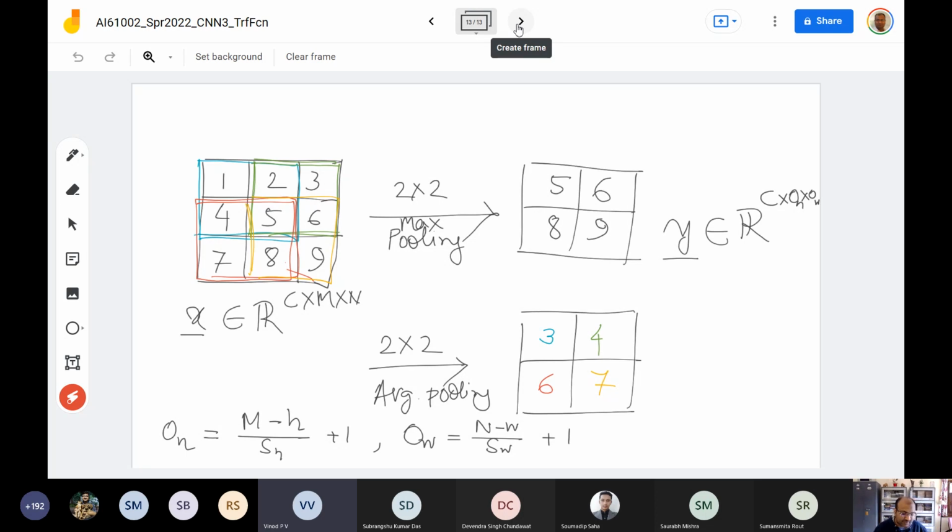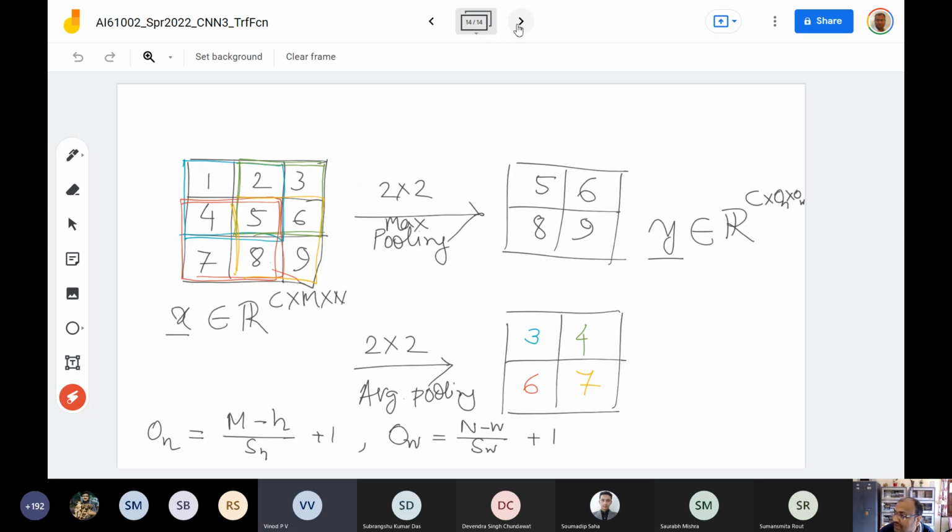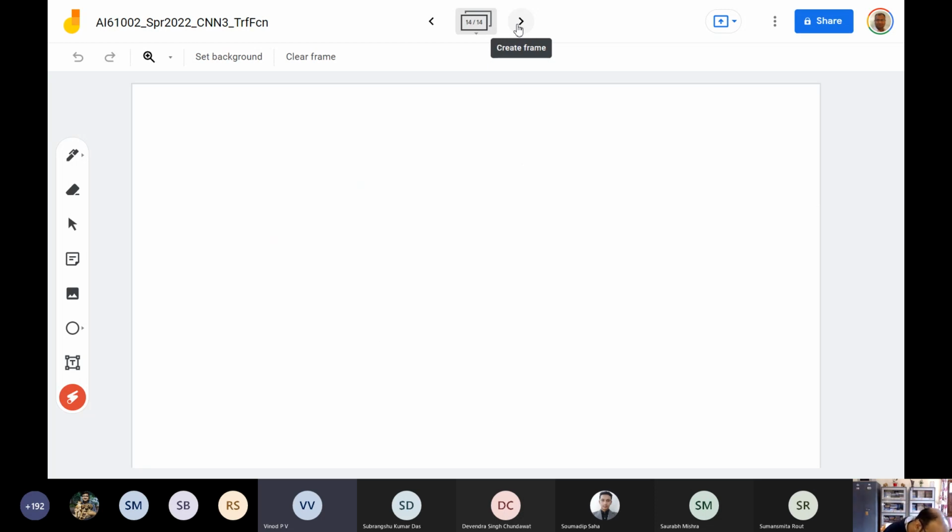Now something you need to keep in mind is that if I have a multi-channel tensor, then this operation is carried out on a per channel basis. So what I meant to say is that say I have a two channel tensor Y, which belongs to R cross 2 cross 3 cross 3.